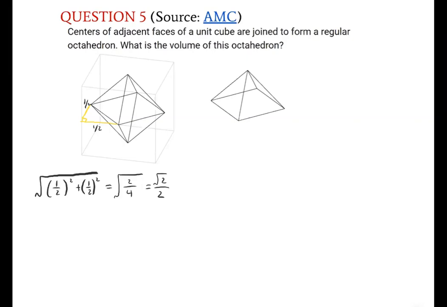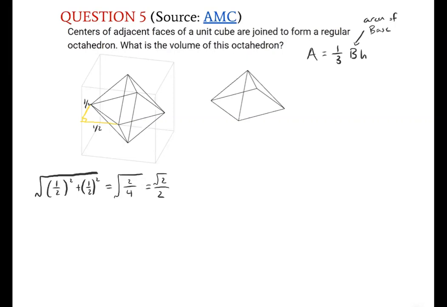So first of all, the volume of an octahedron is, well, we're going to split the octahedron in half so that we get this pyramid. So the volume of a pyramid is just 1/3 times the area of the base times the height. This B is the area of the base.